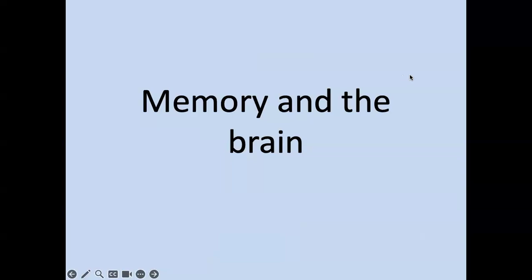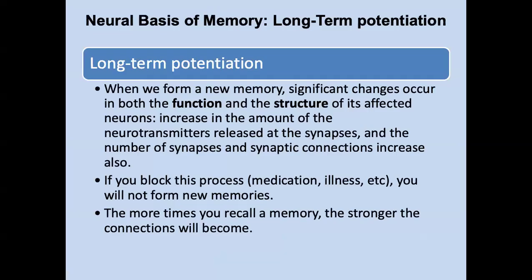Okay, so memory and the brain, how does this work in our physical brain? So long-term potentiation. We have changes in our neurons, both in how they work and in how they are structured, when we are forming a new memory.